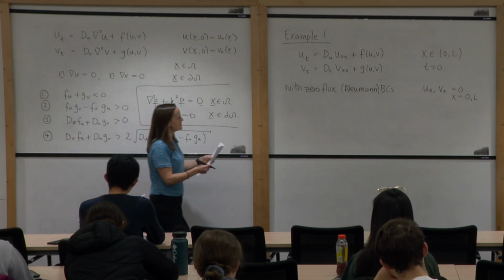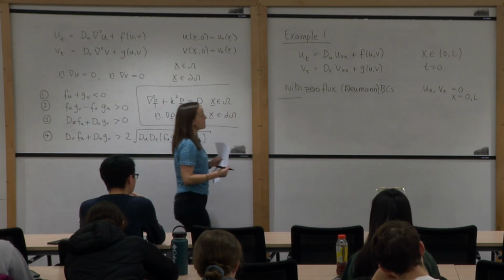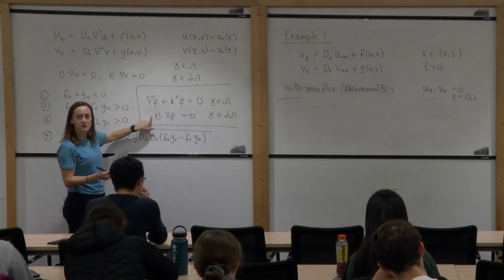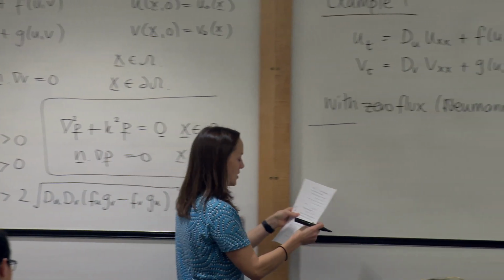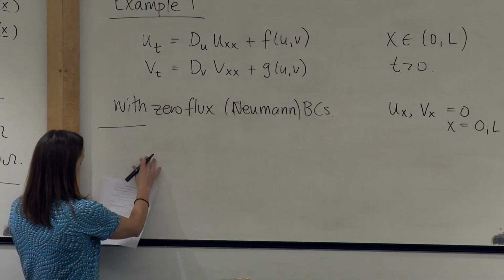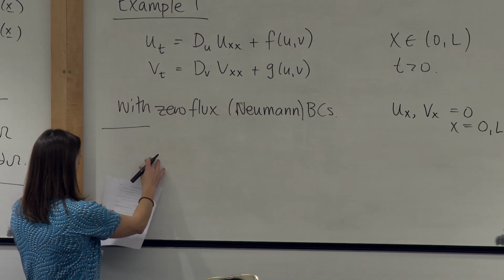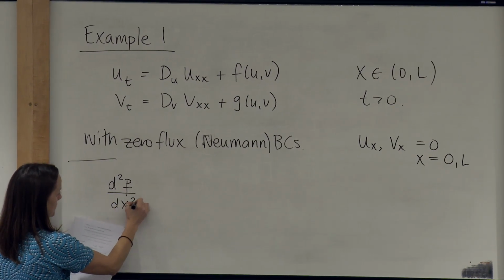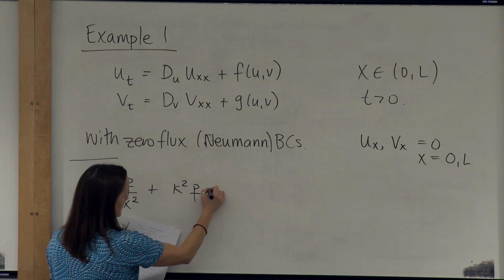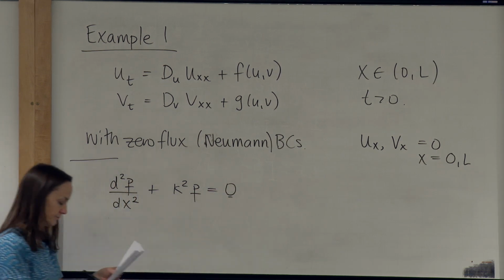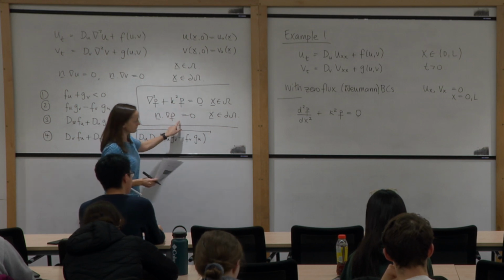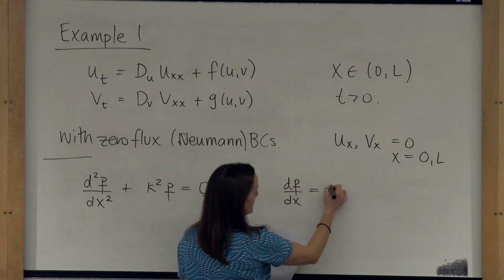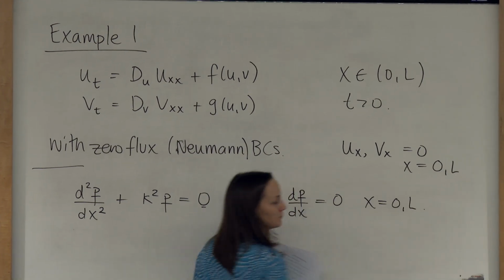In 1D, thinking about perturbations about the spatially uniform steady state, and P being the spatial component of that, we're looking for solutions where d2p by dx squared plus k squared p is equal to 0, with the conditions dp by dx equals 0 for x equals 0 and L.